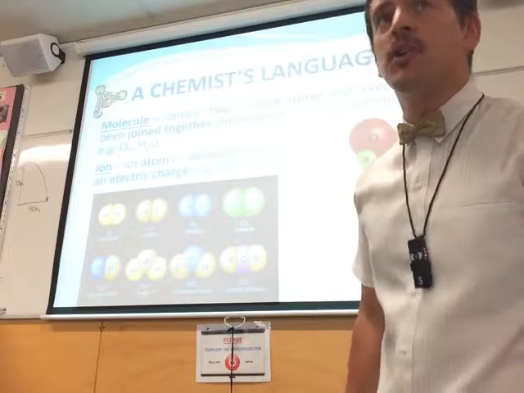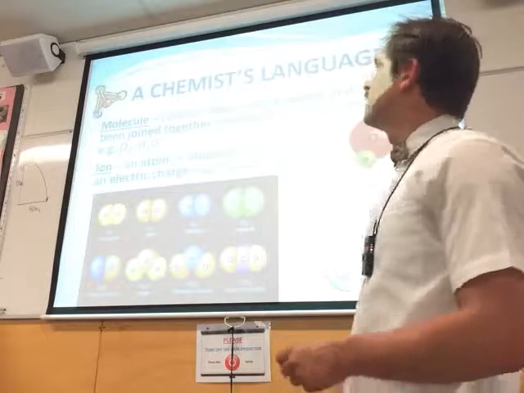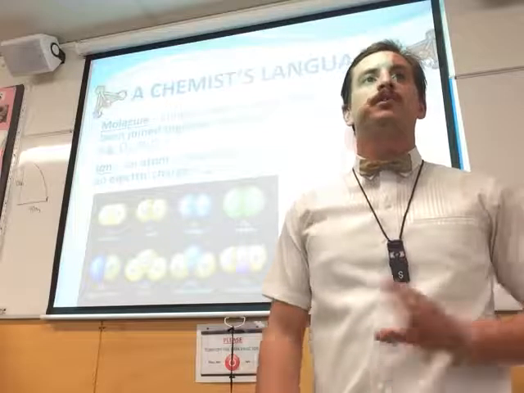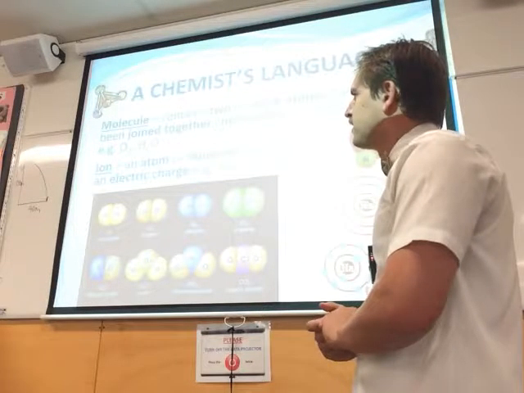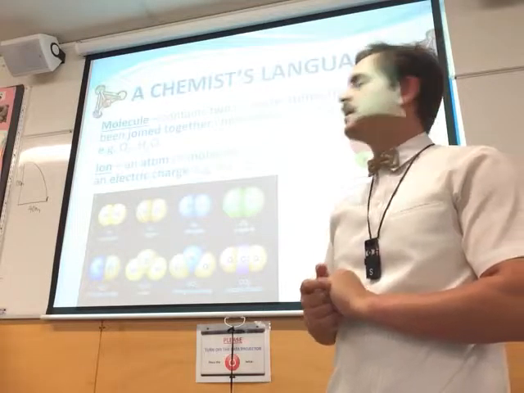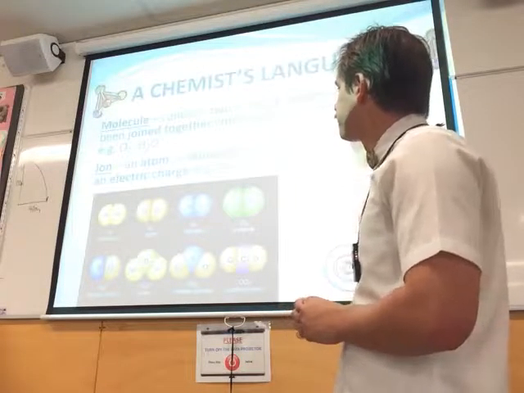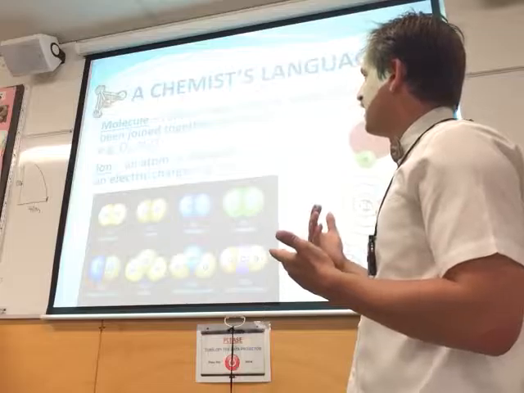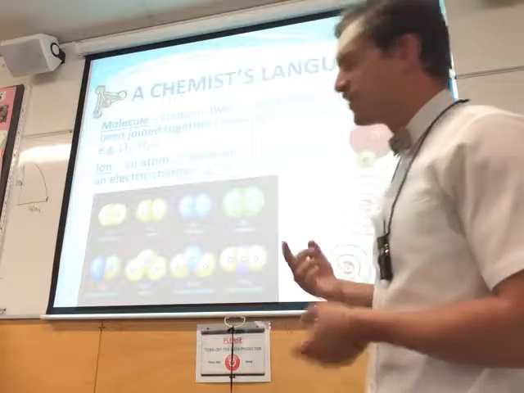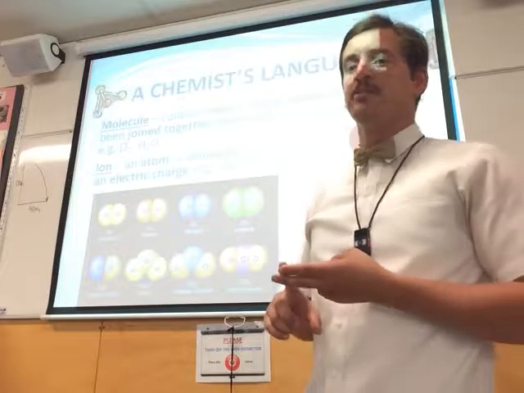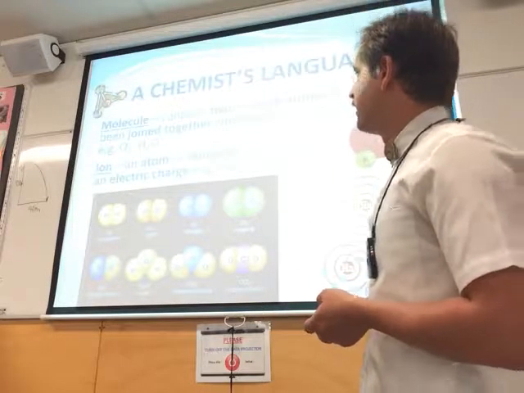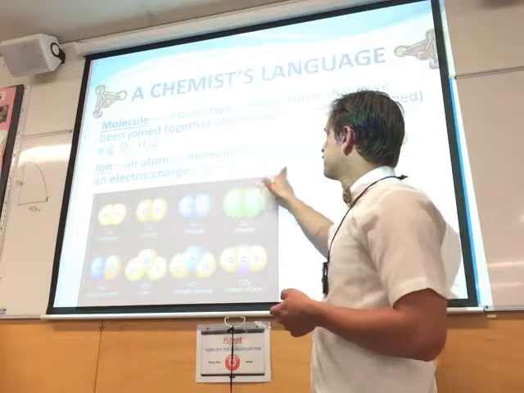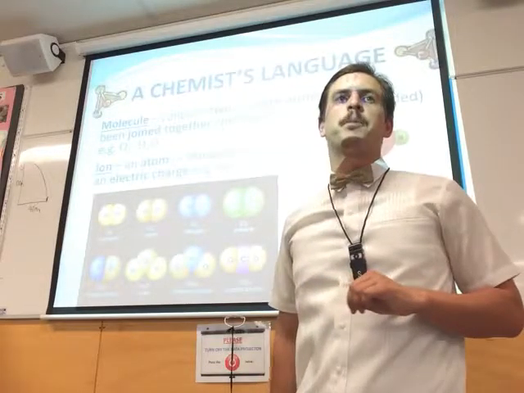So you got your molecule, and overall, that molecule is neutral charged because all the charges are balanced. An ion is a different matter. Ions have a charge on them, and this could be an atom or a molecule, doesn't matter. As long as it's got a charge, it's considered an ion. And those ions will bond to each other and form an electric bond.